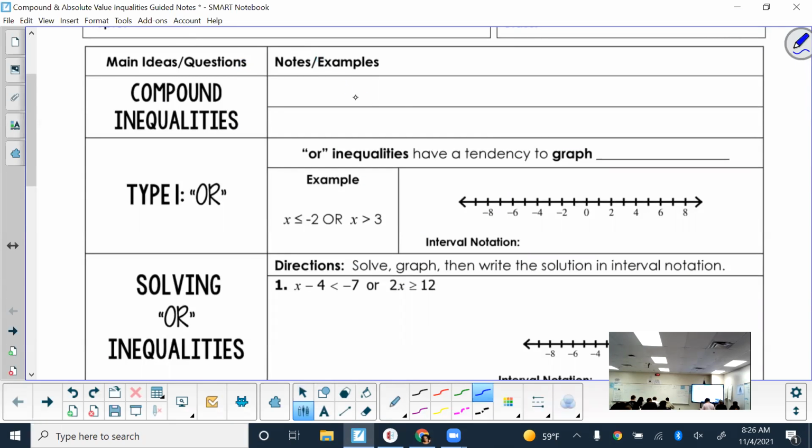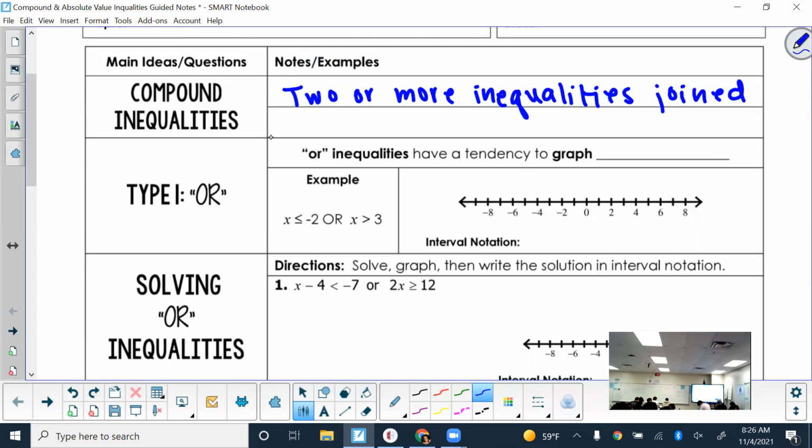Two or more inequalities joined by "and" or "or". All right, so "and" and "or" are the two types of compound inequalities.